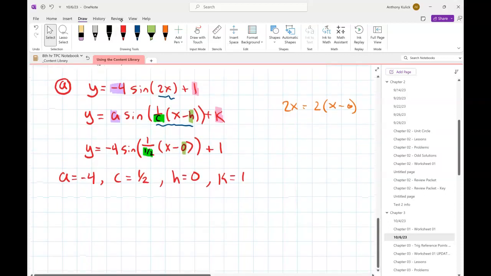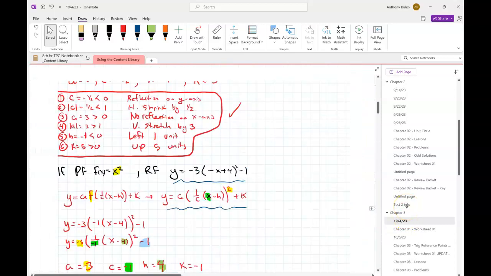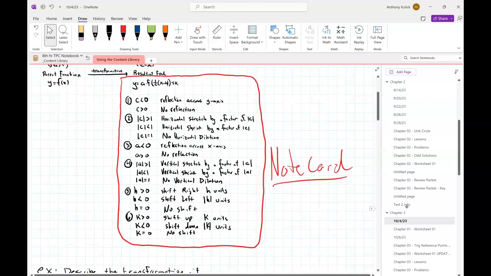All right, so now I'm going to describe my transformation. How am I going to do that? I'm going to use the same criteria that we used last time. So this list that we said we should put on the note card, I've memorized because I've been doing this job for like 15 years and I've probably done this problem literally thousands of times in my life.